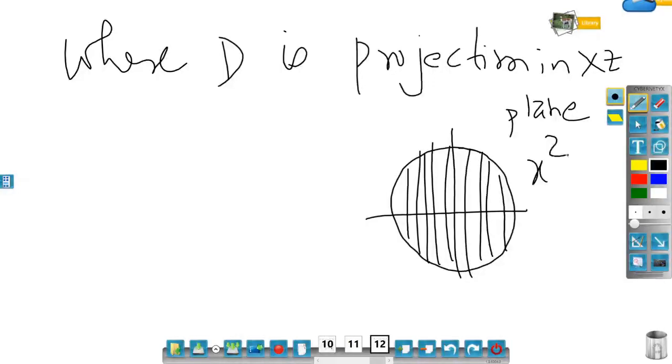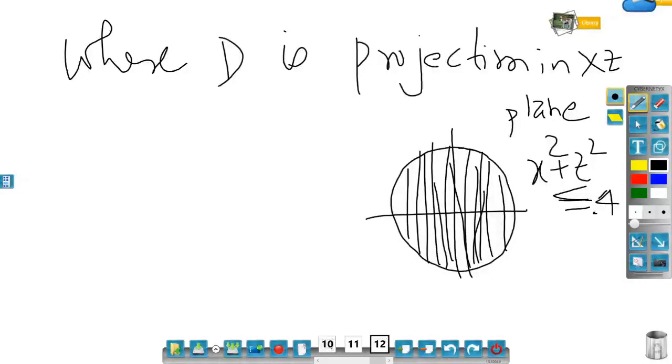So x square plus z square is less than or equal to 4. When I say x square plus z square less than or equal to 4, that means it is a disc. Saying equal to 4 implies that it is a circle. So there is a difference between circle and disc. In a circle only the boundary is considered, whereas in a disc, where I should say less than or equal to, the whole part is included.